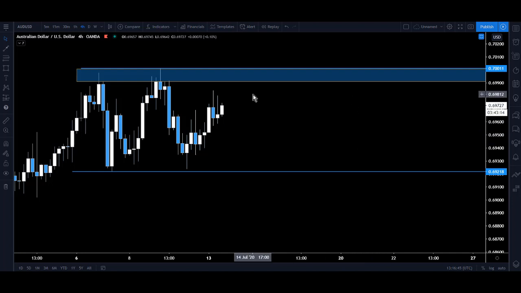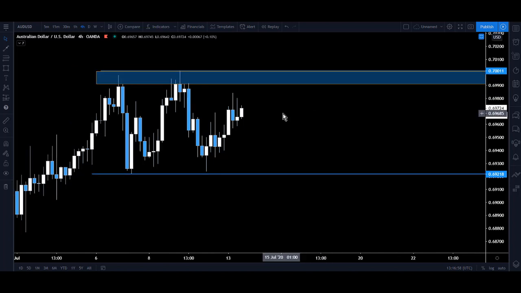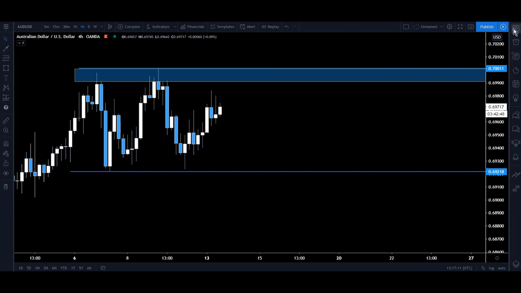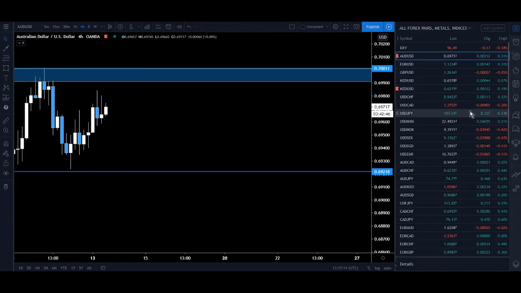So looking for either a bearish reversal candle formation or a bearish candle, because that is a big number and an area of interest. It may come up into this zone, it may not. If it does, then we'll be very interested in selling Aussie against the US dollar. And we'd also be interested in selling Aussie against another pair, which is Pound Aussie.